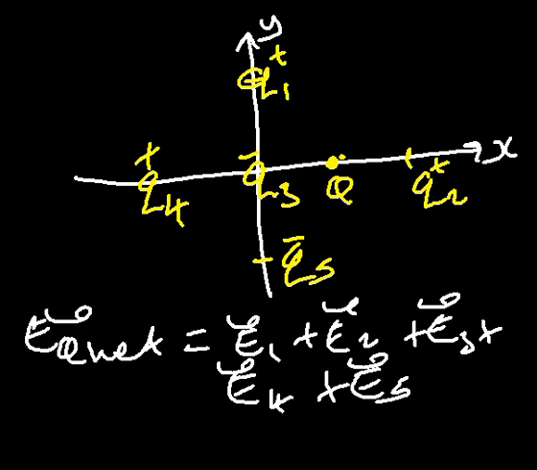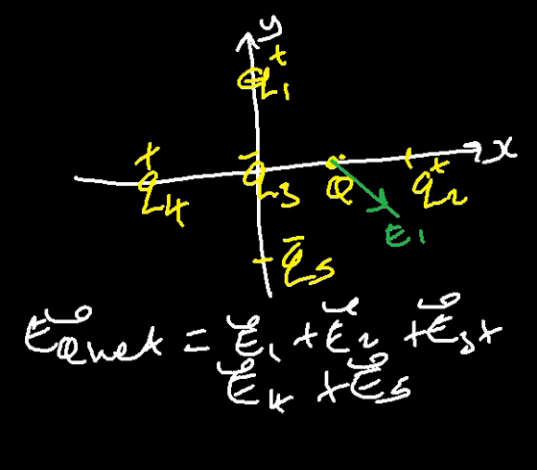So for instance, E1: what is the direction? Mind you, the direction has to be from the set point. So E1 will be towards this direction. Therefore, we'll have to resolve E1 into components. This is the X component and this is the Y component. This is the angle of interest that I'm going to use to resolve it into components.